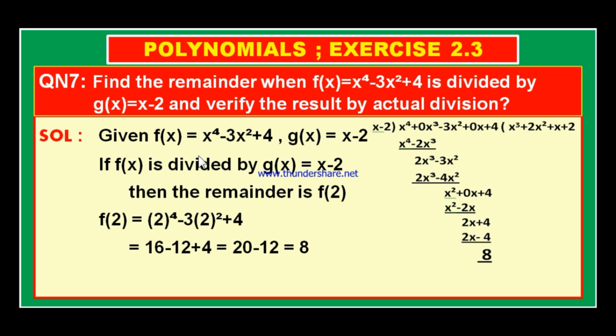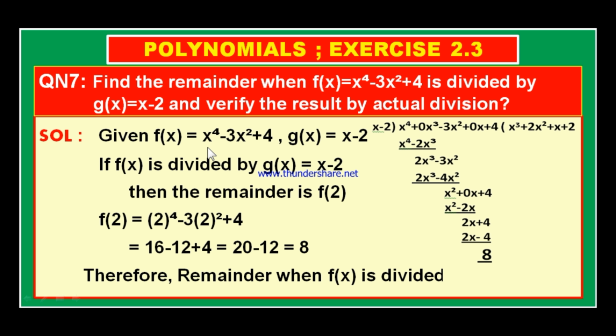You see, using the remainder theorem you found the remainder as 8, and if you perform the actual division, again we got the remainder 8. Therefore it is verified, isn't it? Therefore the remainder when f of x is divided by g of x, x minus 2, is equal to 8.